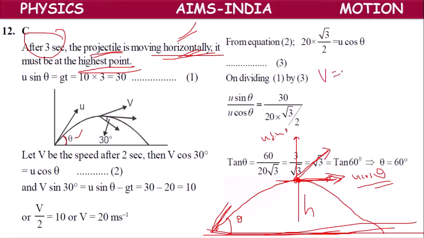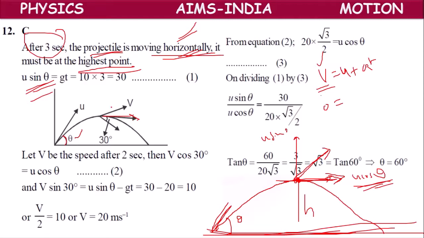Suppose we have the formula v equal to u plus at, where v is the final velocity. At the highest point, the final velocity is 0, and u is the initial velocity. At the highest point, only the horizontal component of velocity remains.